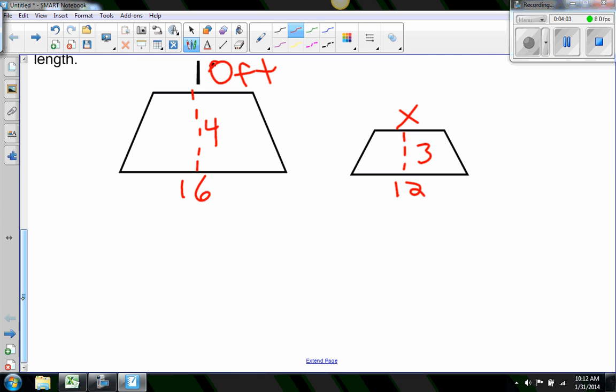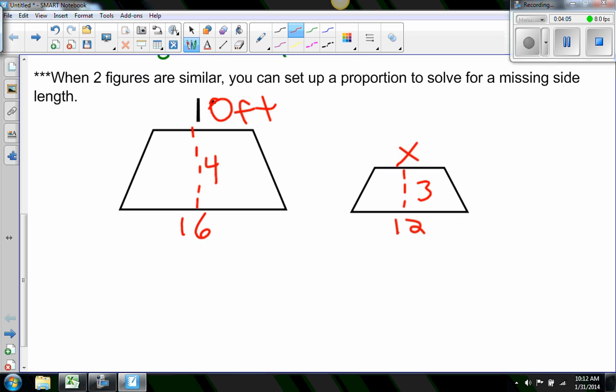I have an x here, which I need to solve for. I have to have at least one other set of sides that I can use for the proportion, and then I need the side that corresponds to the one that's missing. So I'm going to again start with the smaller one. I'm going to go x is to 10 because they are corresponding.